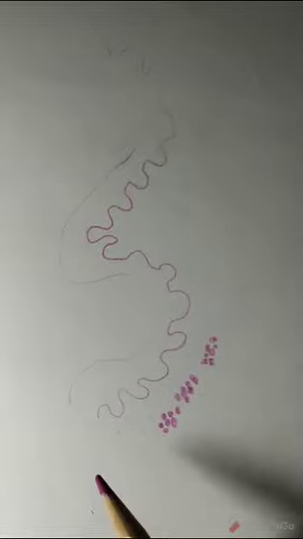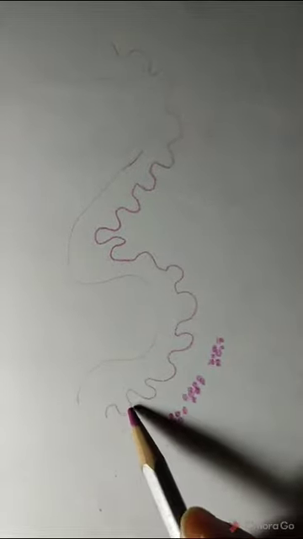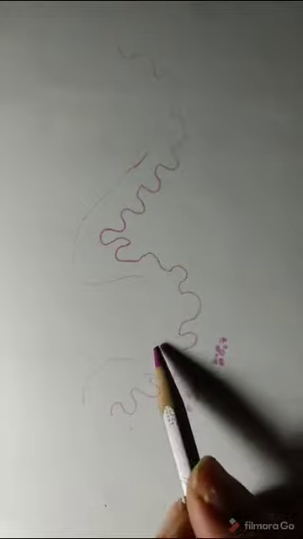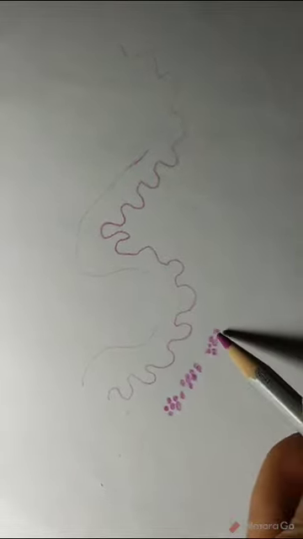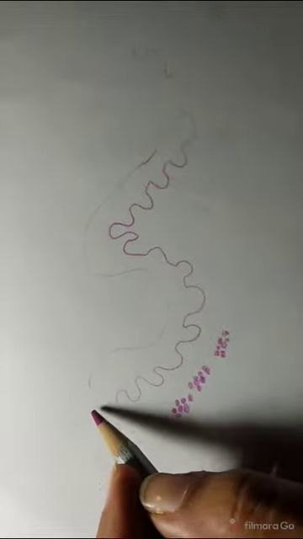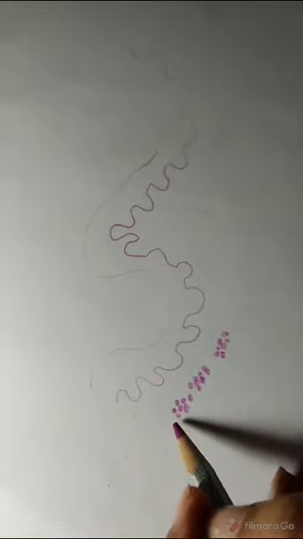So I have drawn now the outline of the epithelium, and then the muscularis mucosae. This limit will show the limit of the mucosa.